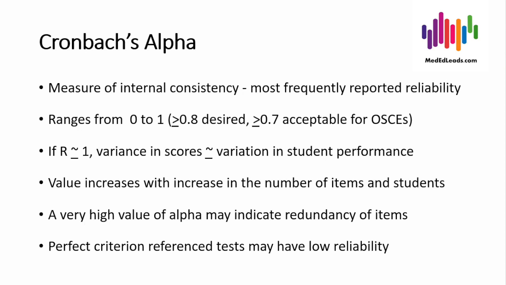Very simply, one must understand that reliability ranges from 0 to 1, in decimal points. And the aim, the goal, is to have a reliability of 0.8 or higher. For high-stakes examinations, the benchmark should be 0.8.